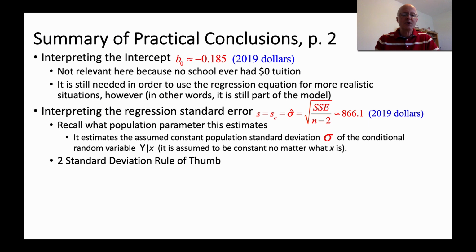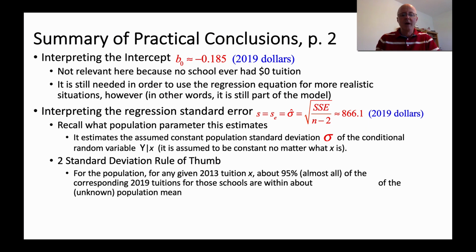You can think about this in terms of the two standard deviation rule of thumb. For the population, for any given 2013 tuition x, or at least values close to x, about 95%, almost all, of the corresponding 2019 tuitions for those schools are going to be within about 2 times the standard deviation, 1732, of the unknown population mean.